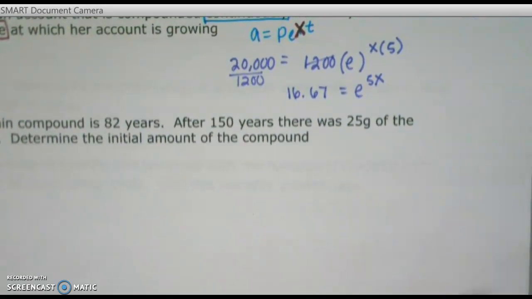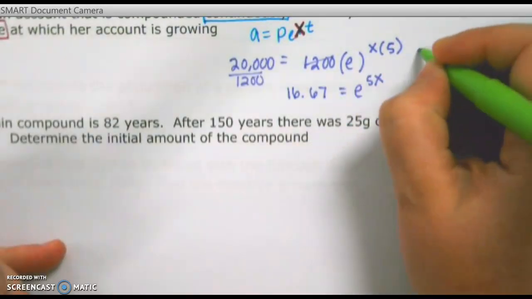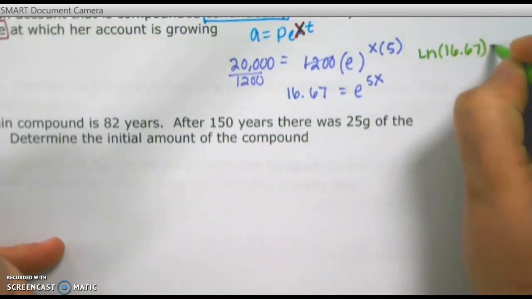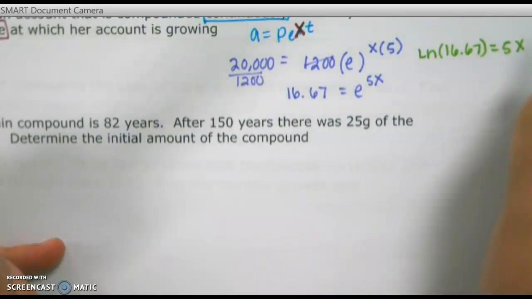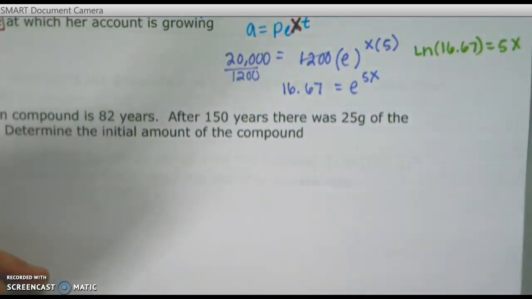All right, so now I have a base of E, so think about what will cancel out a base of E. I need ln. ln with the 16.67, and that is equal to 5x, because whenever you convert it, your exponent should be on the other side, and right now my entire exponent is 5x. So I'm going to use the calculator.